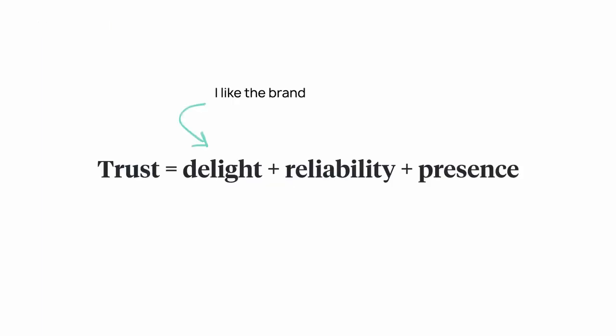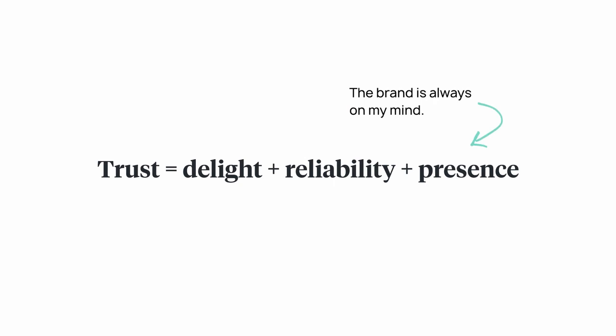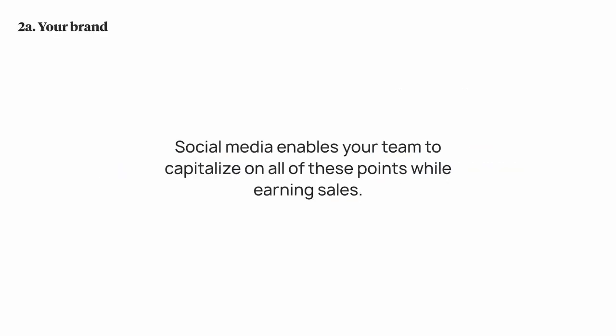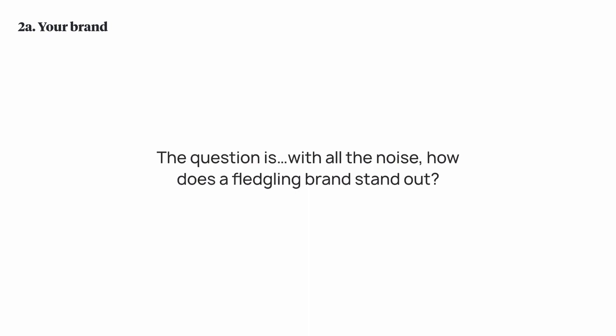It comes down to a pretty simple equation: trust is made up of delight plus reliability plus presence. Delight is I like the brand. Reliability is I can depend on the quality of the brand. And presence is the brand is always on my mind. Social media enables you and your team to capitalize on all those points while earning revenue.